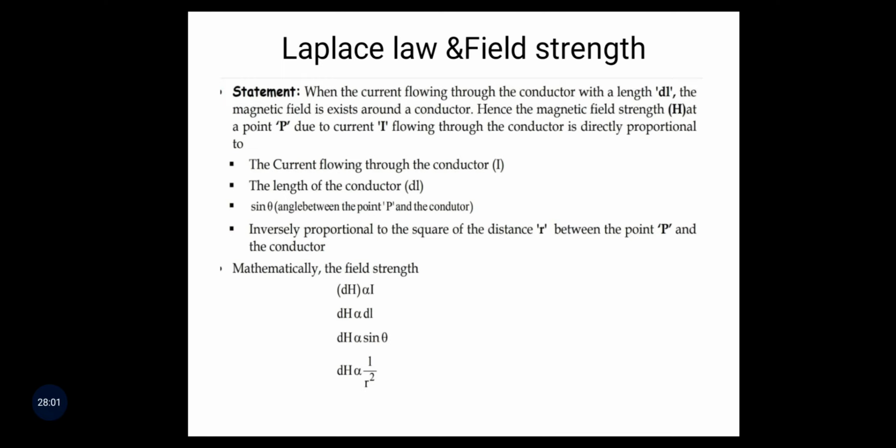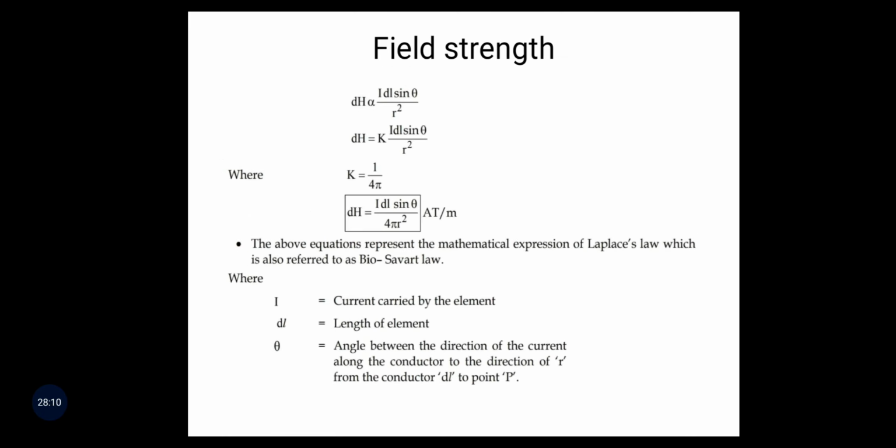Combining these, dH is proportional to I dl sin theta by r square, so dH equals k times I dl sin theta by r square, where k equals 1 by 4 pi. dH equals I dl sin theta by 4 pi r square, in ampere turns per meter.